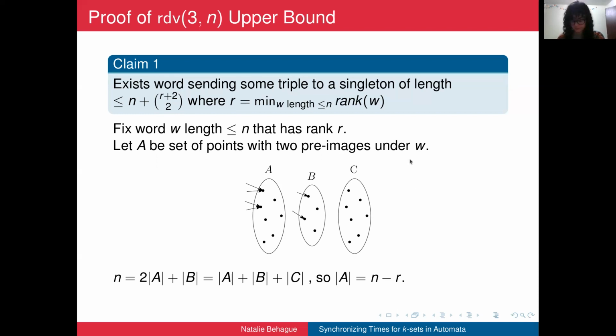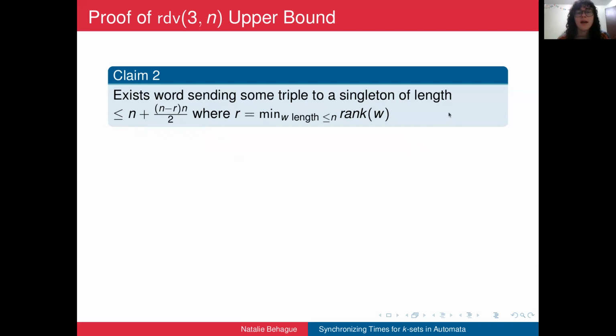Okay, so that was the proof of the first claim. We can also prove our second claim roughly in a sketch. Claim 2 is when we're thinking about R instead being quite large.